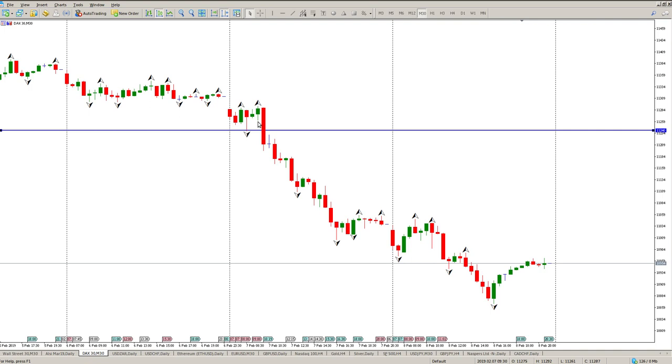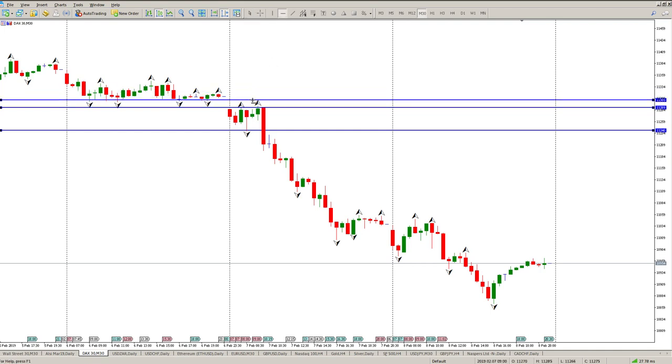It's formed a fractal, so they're attempting to reverse this to the upside. But they've also formed a fractal. They wouldn't have formed this fractal yet. This long bar here wouldn't have been in at this time of the day, but this fractal here would have been. So I also know that I've got a break of these fractals from the previous day.